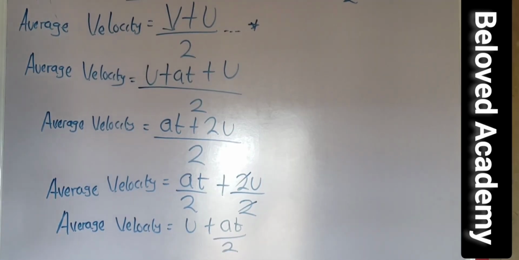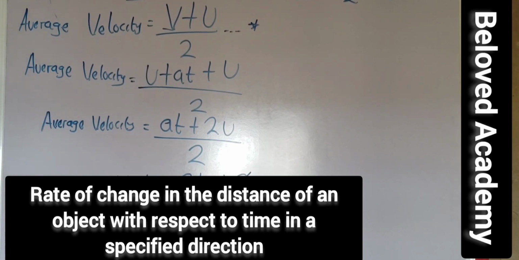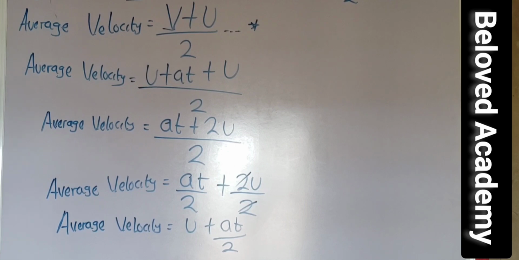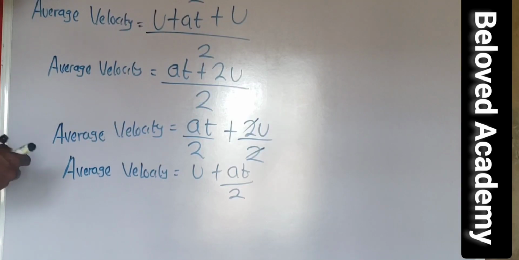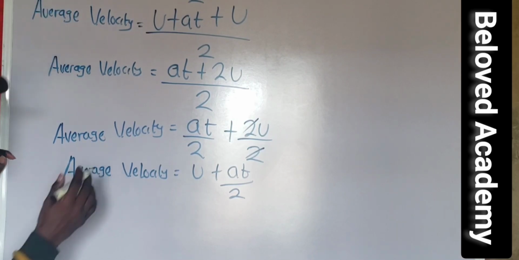Now, don't forget, in our previous class, we learned that velocity is the rate of change in distance of an object with time in a specified direction. Pay attention to that definition. Do you understand? So, I'm going to substitute velocity as distance over time.